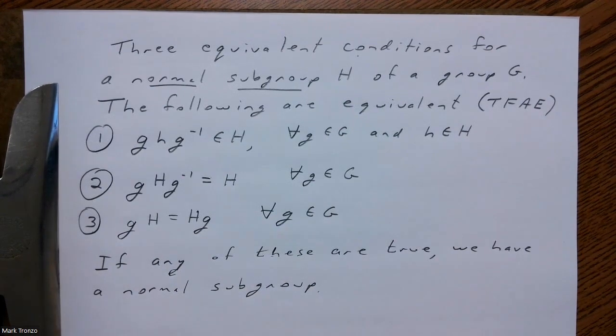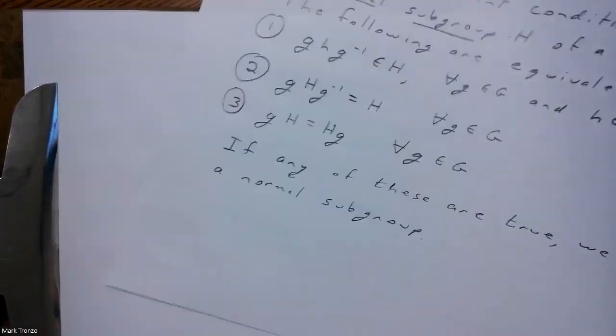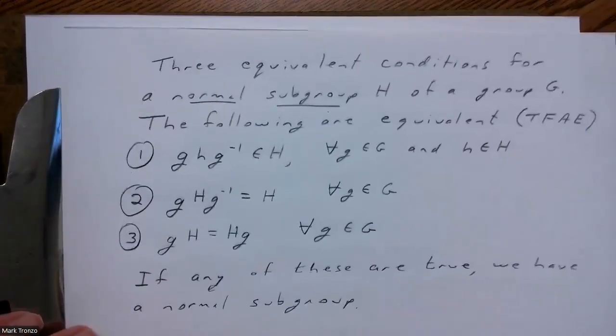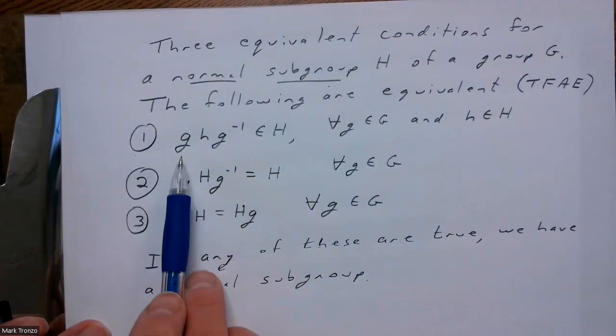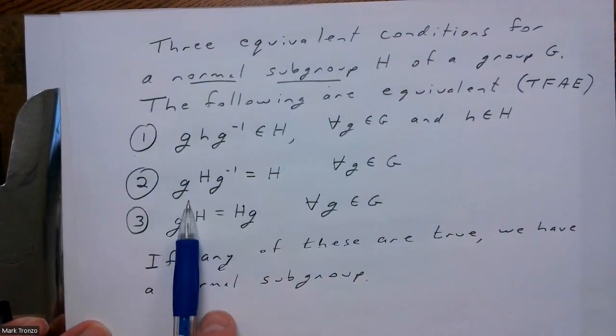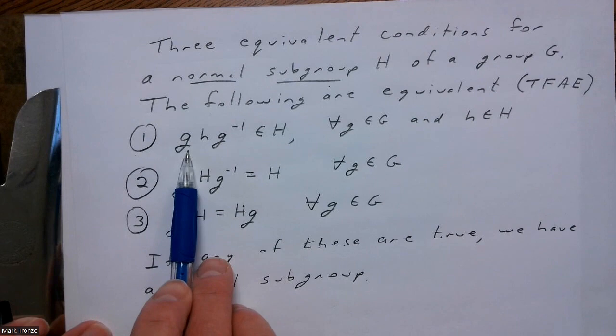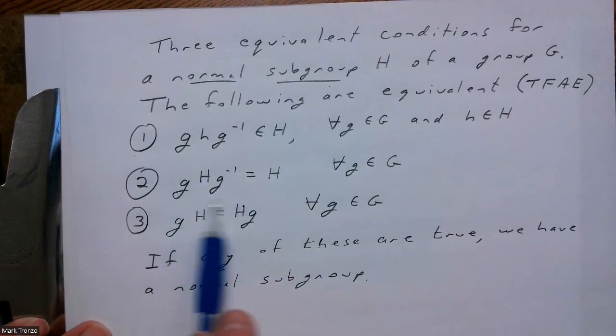So let's prove that these are really equivalent. We'll start by assuming this one and then prove that this is true. So we'll do it this way for the proof.